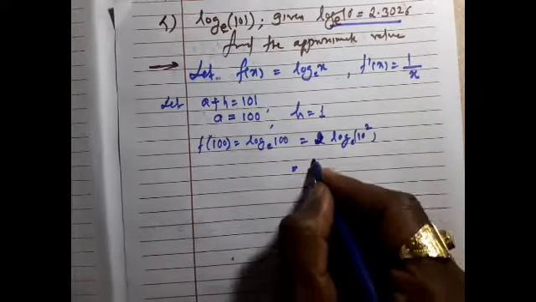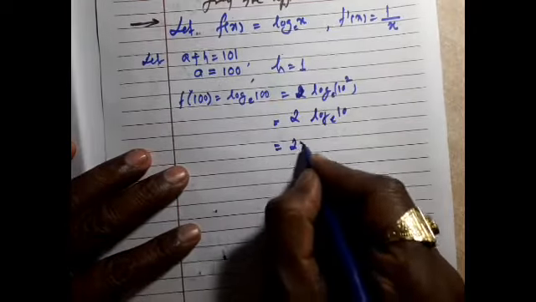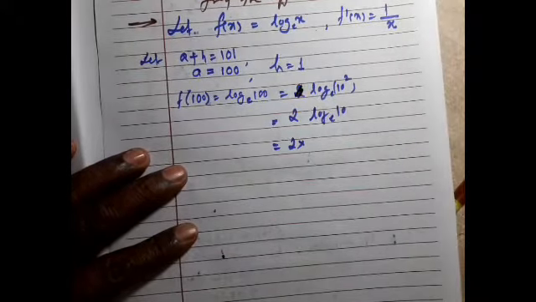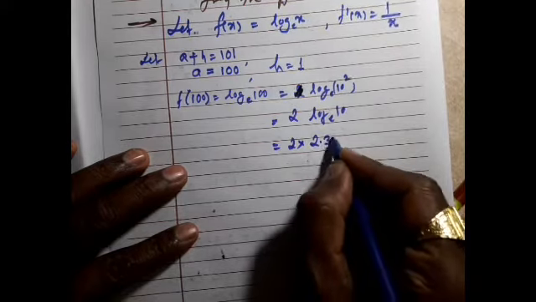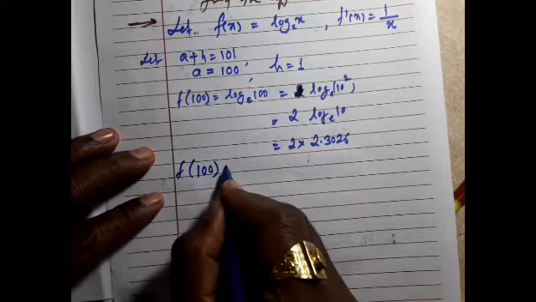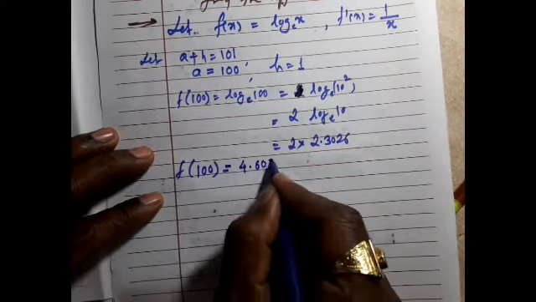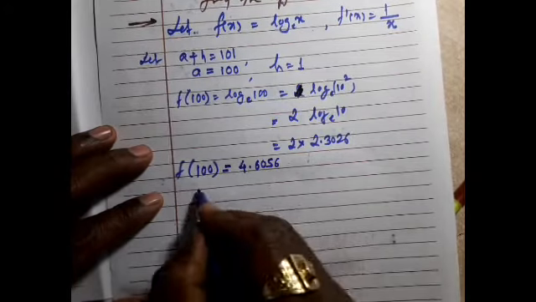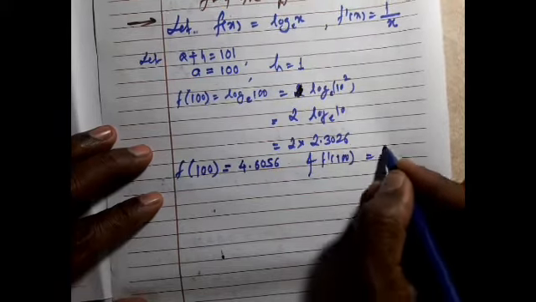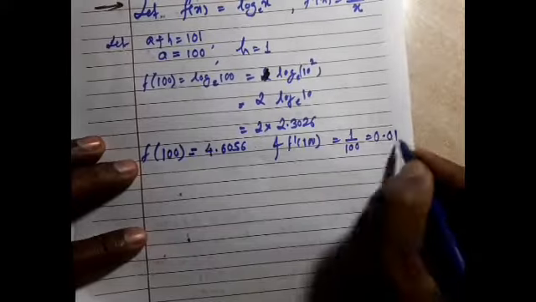So this is 2 coming out, 2 into 2.3026. Therefore, f of 100 is equal to 4.6052, and f dash 100 is 1 upon 100, that is 0.01.